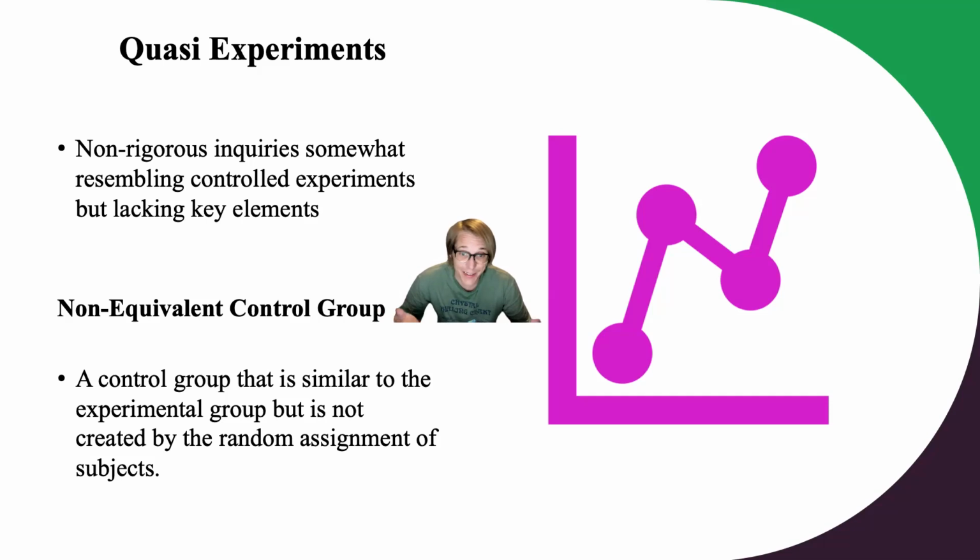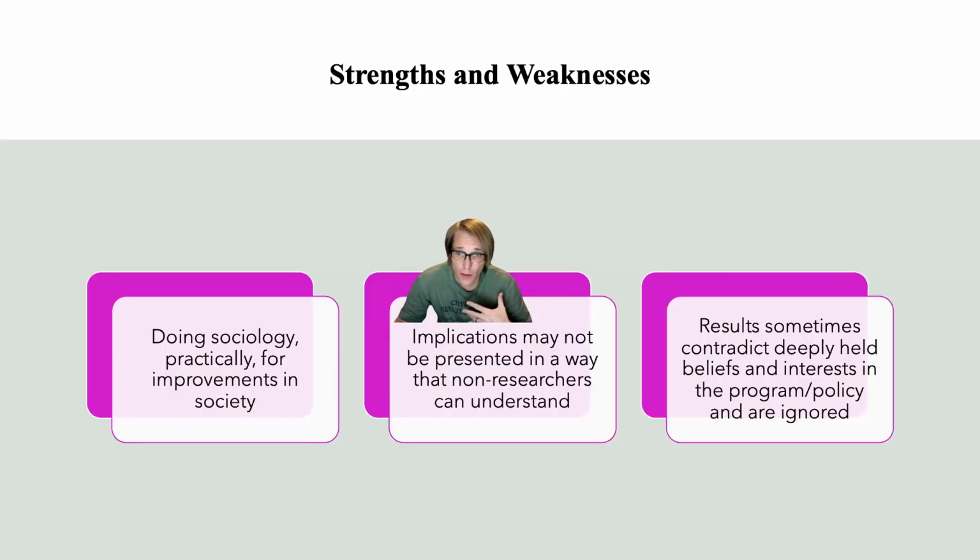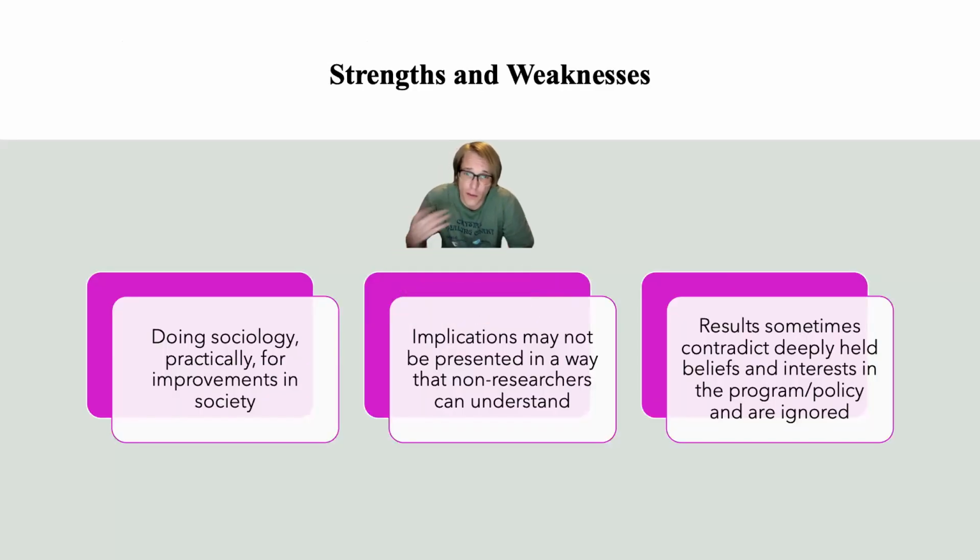So ethically, as social science researchers conducting evaluation research, it is important that we set up our evaluation studies soundly and that we accurately report the findings. Because in all things, authenticity, right? Doing sociology practically for the improvement of society, these are some of the strengths and weaknesses.